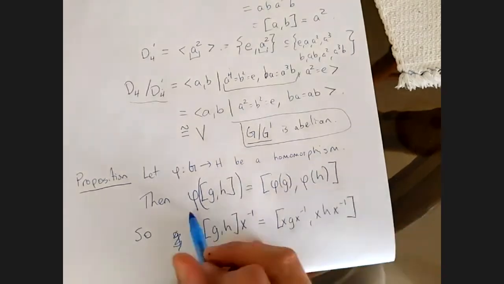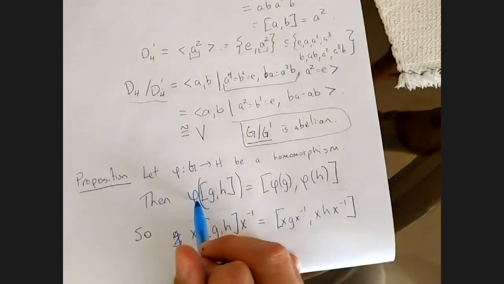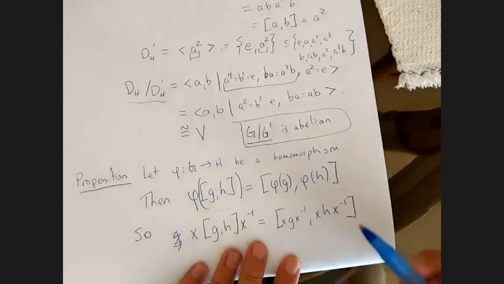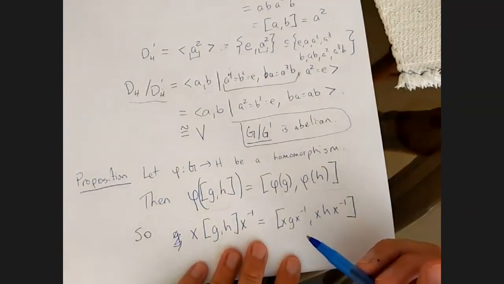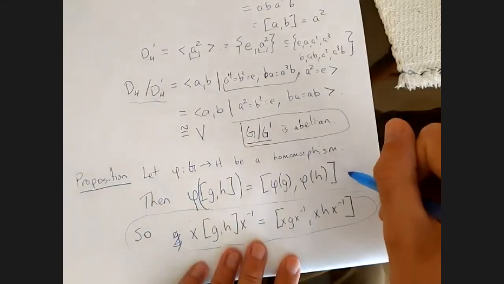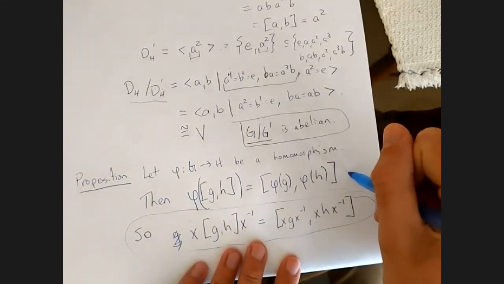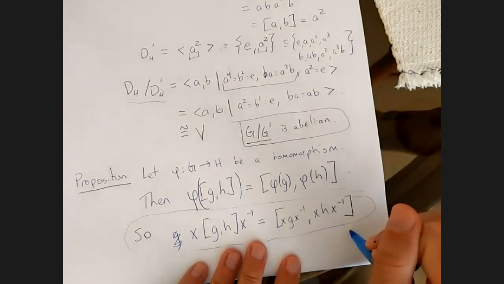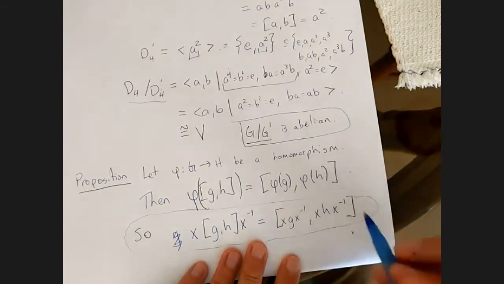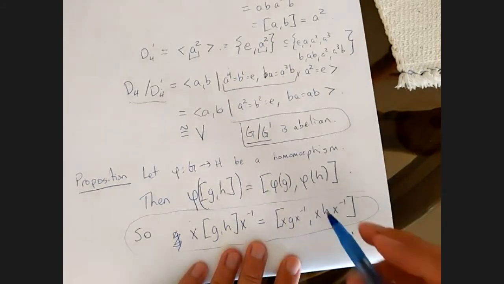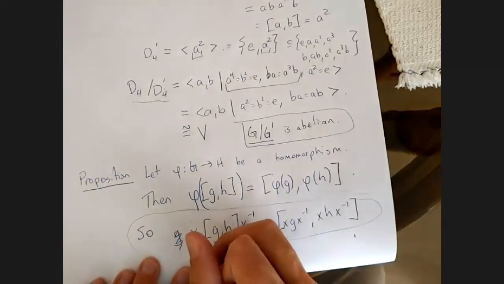Because we just apply this formula where we replace phi with the conjugation homomorphism. So this is a special case of this. And this means that the conjugate of any commutator is another commutator.